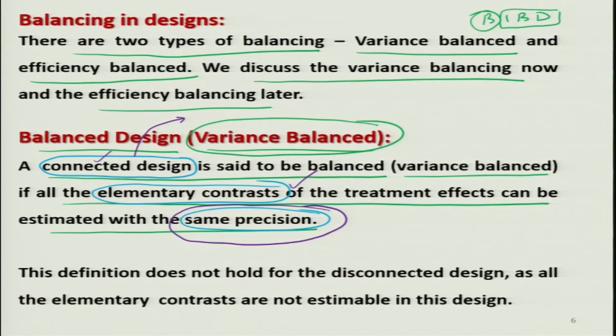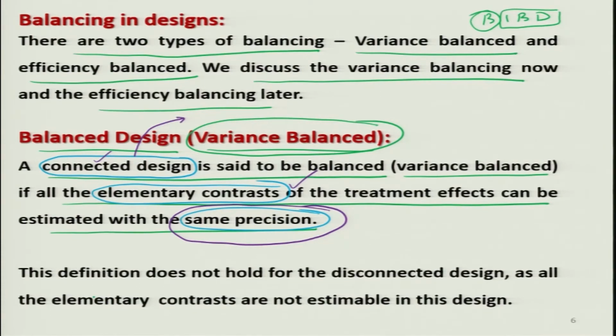In very simple words, consider a design in which there are certain number of treatments. Try to estimate those treatments, construct their elementary contrasts, and find their variances. If every pair of treatments in the form of an elementary contrast has the same variance, then we call the design variance balanced.